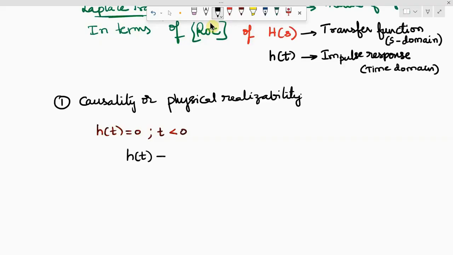Right-sided, sir. Since h of t is 0 for t less than 0, h of t will be right-sided. Good. And since I am talking about systems, h of s, the transfer function, will have the ratio Y of s to X of s, which is a rational form.